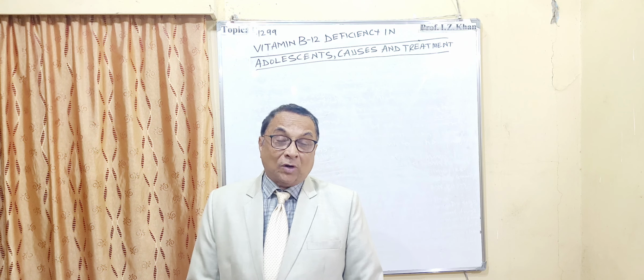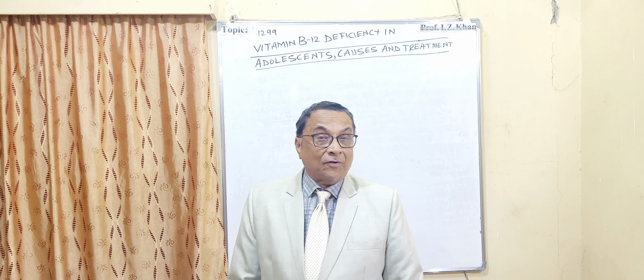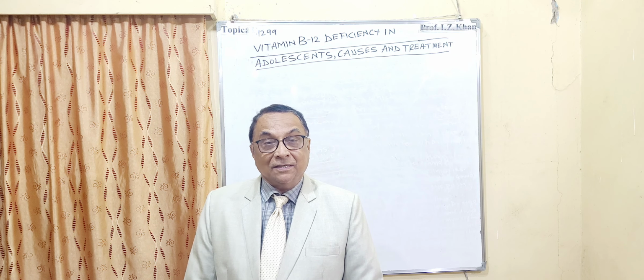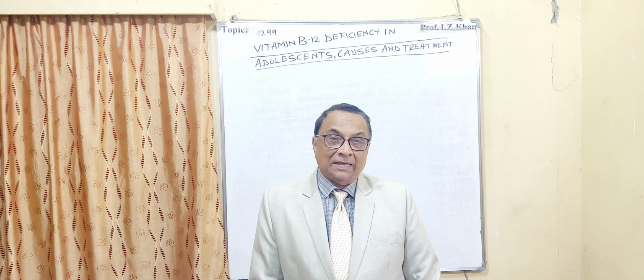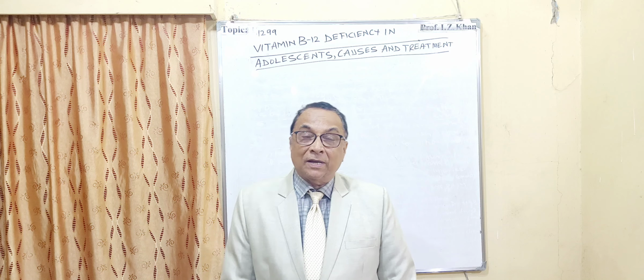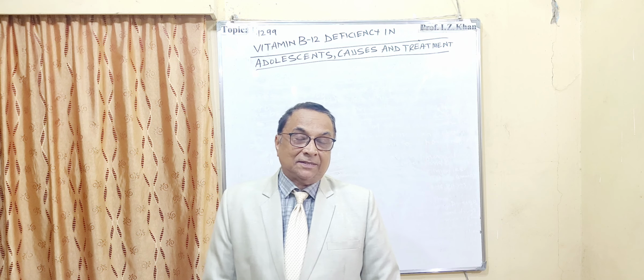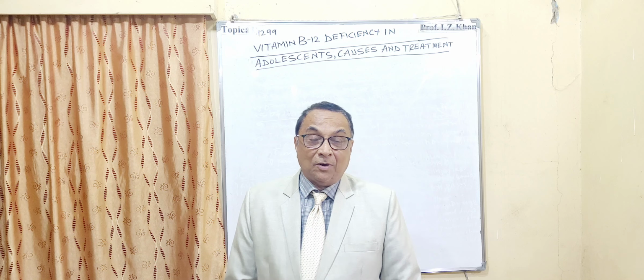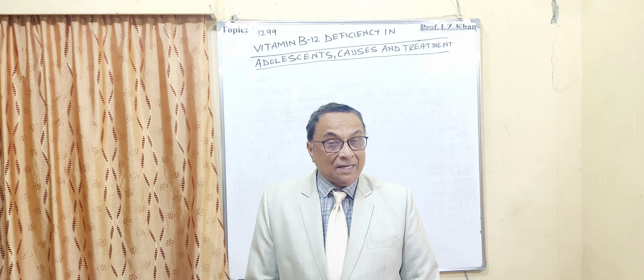During those activities they need a lot of oxygen and energy. And you know that vitamin B12 is involved in the synthesis of red blood cells. That is a main role of vitamin B12.